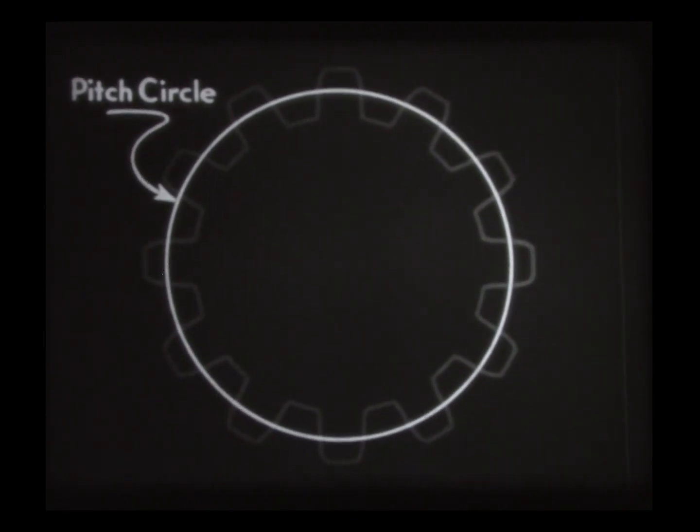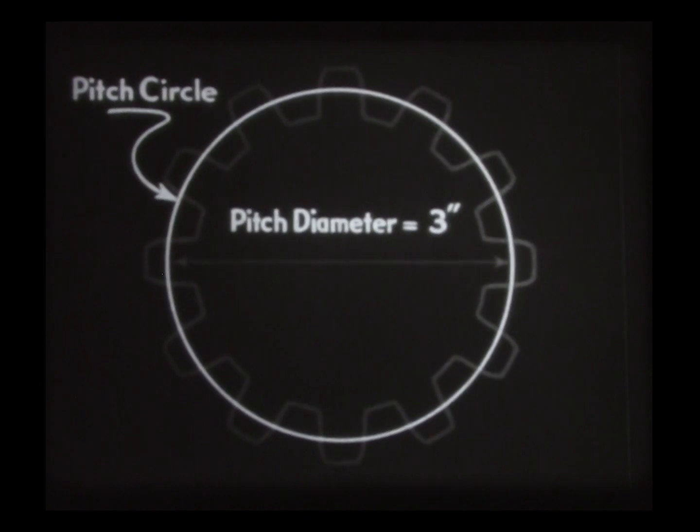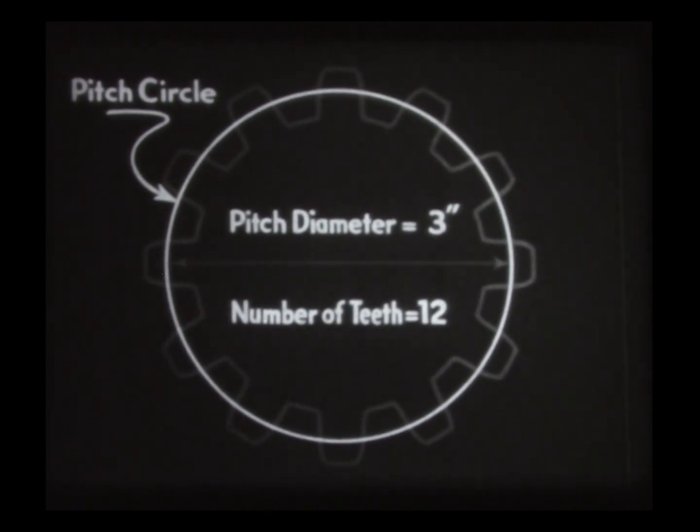In the gear as a whole, the pitch lines of the teeth form a circle called the pitch circle. The number of teeth per inch of pitch diameter is known as the diametral pitch. This can be simply illustrated. This gear has a pitch diameter of 3 inches, and it contains 12 teeth.